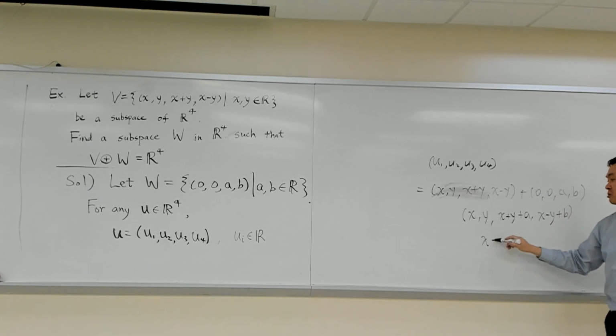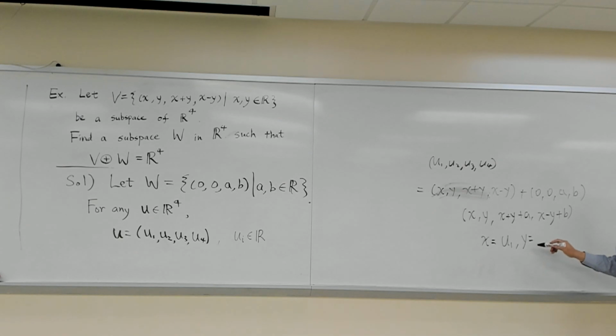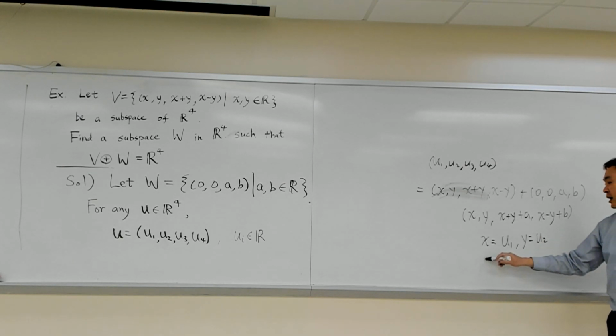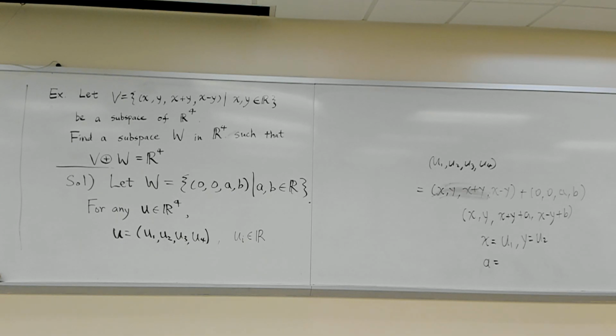So x has to be u1. Oh, sorry, y has to be u2. A has to be, now that's a trick question. A has to be u3 minus x minus y, but x is u1 and y is u2, so u3 minus u1 minus u2.